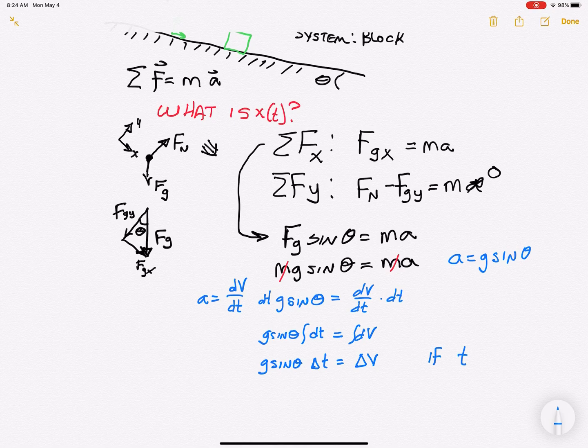If we set the time t equal to 0, then we know that, and let me flip this equation around, that velocity as a function of time is given by the initial velocity plus g sine theta multiplied by the time.